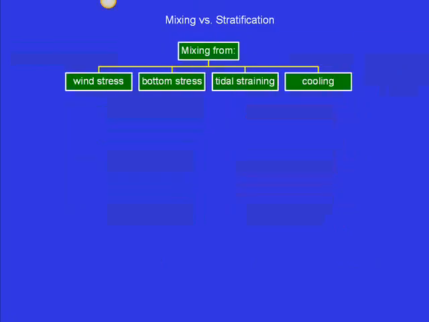All right, so we're going to see that mixing. We've said this, that mixing comes from wind stress, bottom stress, tidal straining, and cooling. So we have to find a way in which we can quantify how much energy per unit area, or how much power, goes into the water column for each one of these four agents that cause mixing.